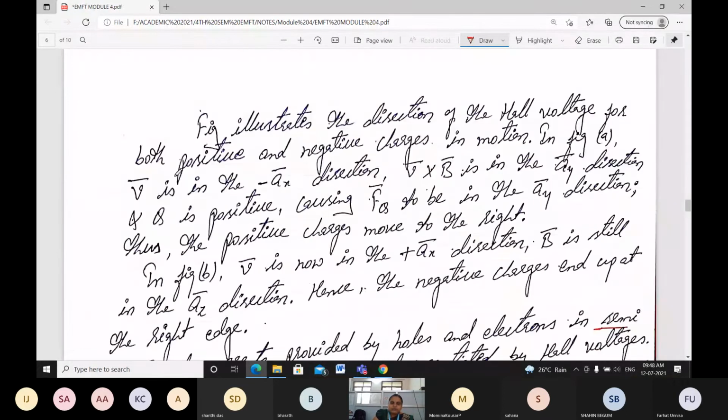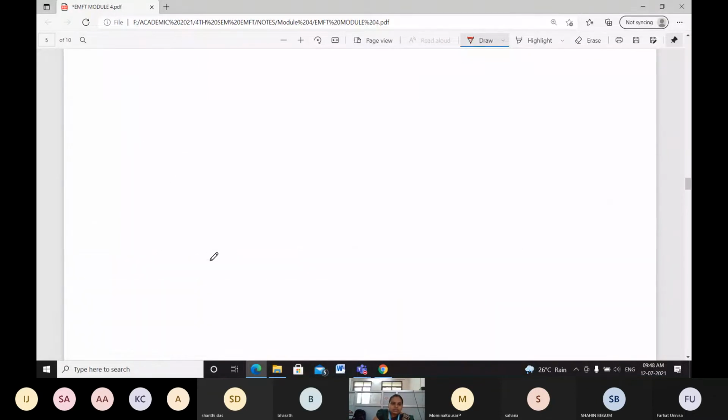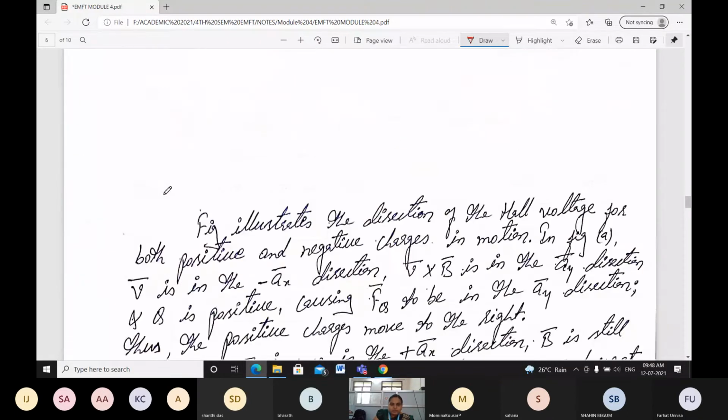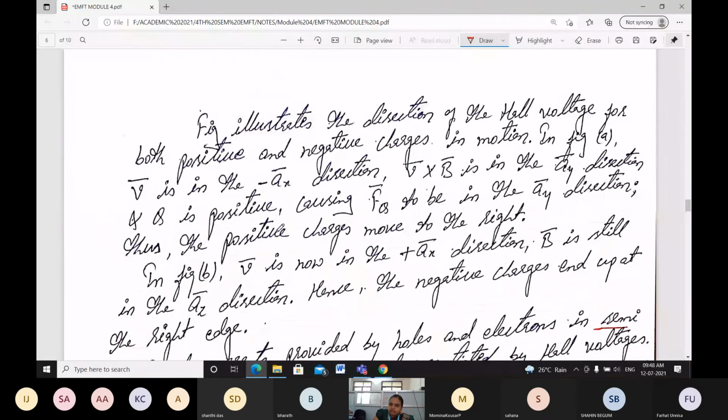The same thing is told here: v cross B is in the aY direction, and Q is positive. The charges are positive, causing the force FQ to be in the aY direction.